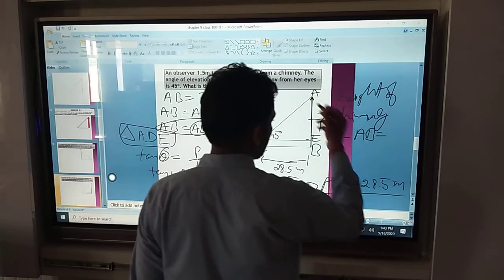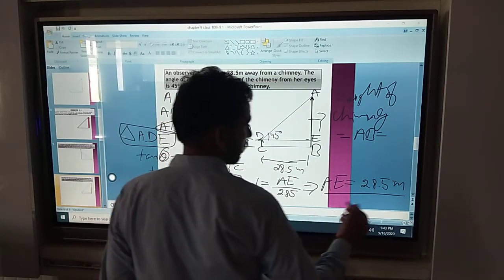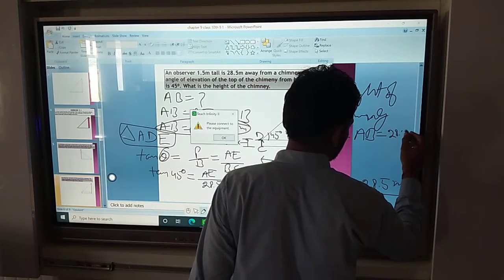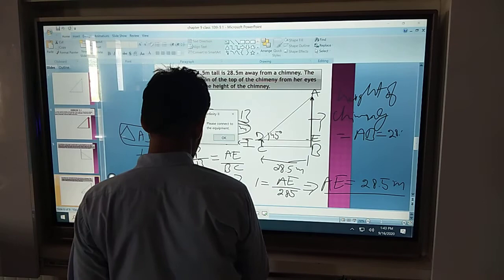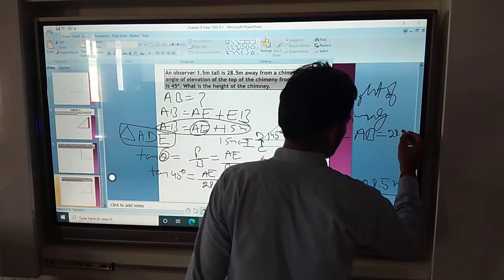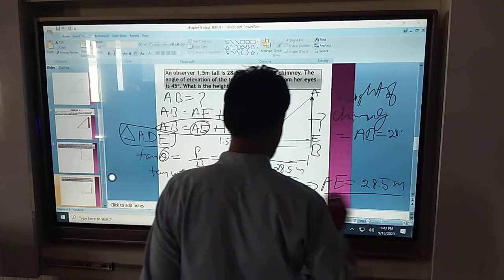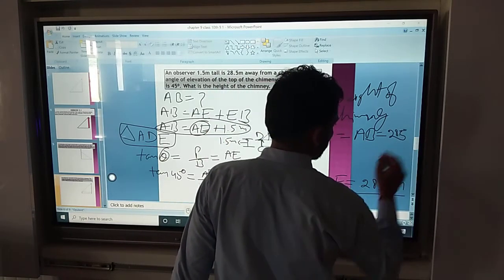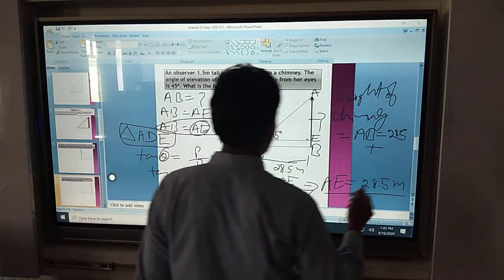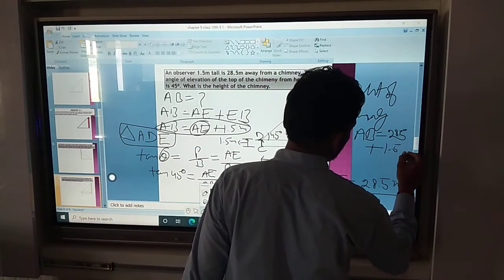AB is equal to AE plus EB, which is 28.5 plus the value of EB, given as 1.5 meter.